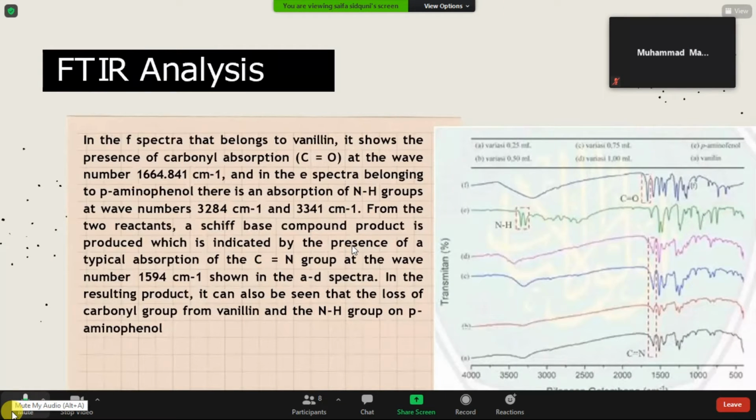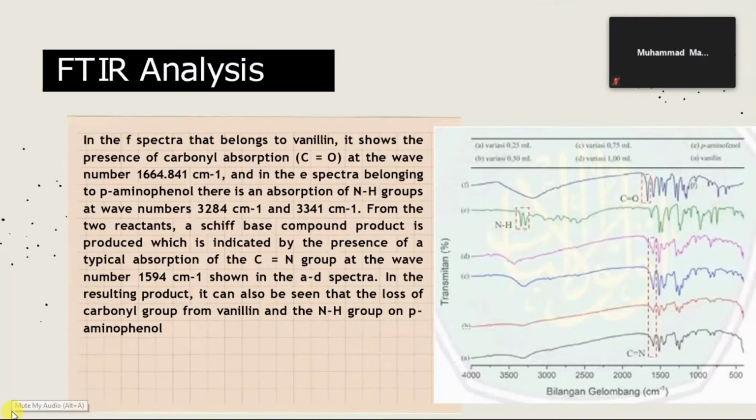This is the FTIR spectrum of the reactant and product shown below. In the FTIR spectra that belongs to vanillin, it shows the presence of carbonyl absorption at wave number 1664.841, and in the spectra belonging to p-aminophenol, there is an absorption of the NH group at wave numbers 3284 and 3341.